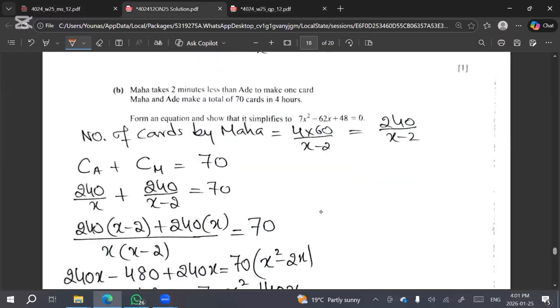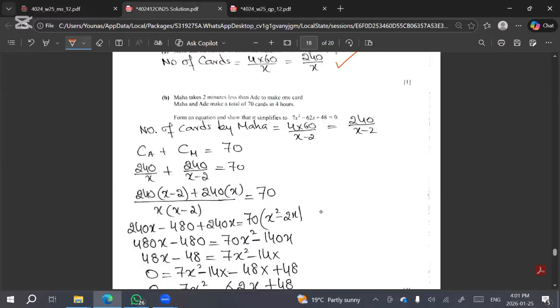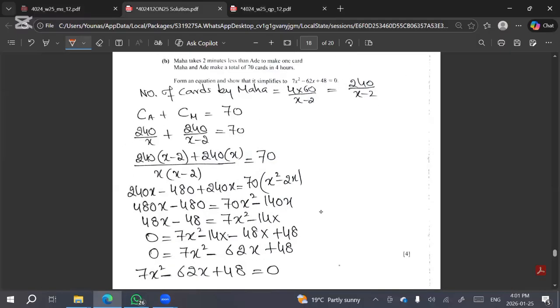The number of cards made by Maha: she takes 2 minutes less than Eddie, so it will be 4 into 60 divided by X minus 2. So this is the number of cards made by Maha. The number of cards made by Eddie and the number of cards made by Maha total 70 cards.